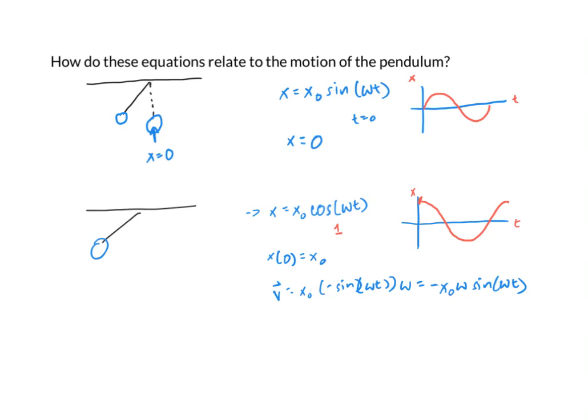I can do the same to find my acceleration, which is going to give me negative x naught omega times the cosine of omega t times another omega, or negative omega squared times x naught cosine omega t, or negative omega squared x. So the takeaway here is that my acceleration equation is not going to change, but my velocity and position equations are going to flip which trig function they have, and my velocity equation is also going to get that extra negative sign.